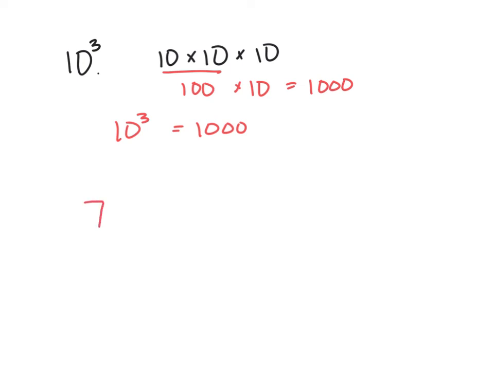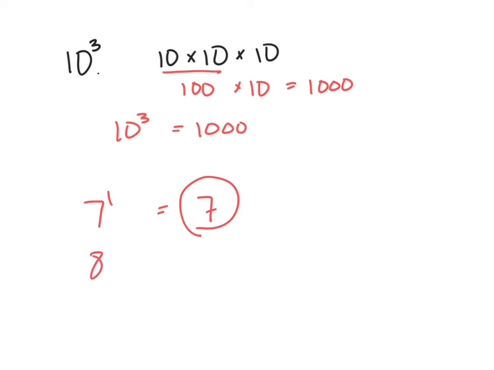Another one they talk about here is 7 to the 1 power. That is 7 multiplied by itself just the one time. So just one 7 there. Done. The repeated factor is 7. The answer is 7.